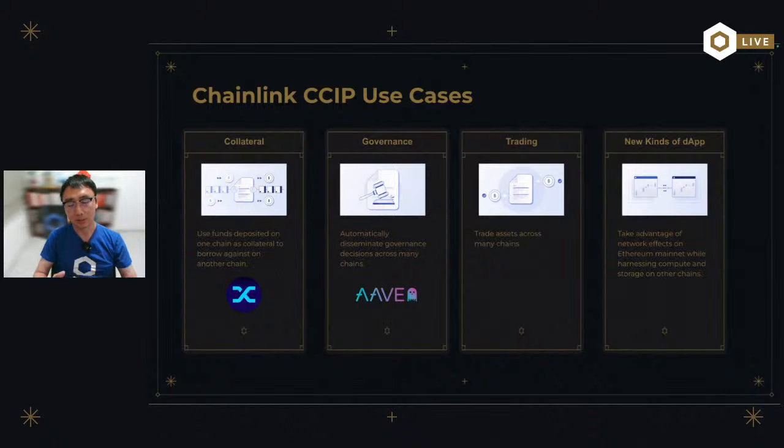With Chainlink CCIP, you can connect all the dApps on different blockchains together. Okay, cool. As I see it, true innovation always comes from the community, and I'm really excited to see what you can do with Chainlink CCIP in this hackathon.